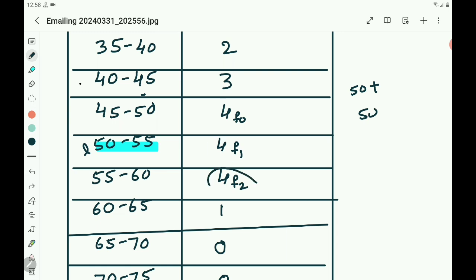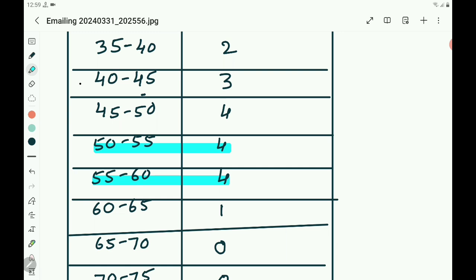And if you take this one as the mode, this becomes F0, this is F1, this is F2. Again F1 minus F2, F1 minus F0, that also becomes 4 minus 4, 0. Then you will get L, 55 only. If you take this class for the mode, the answer will be 50. If you take this class for the mode, the answer will be 55.